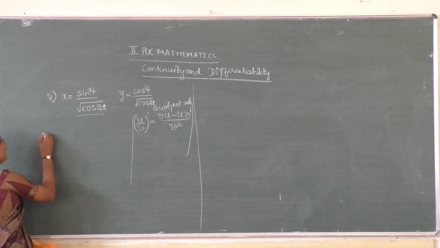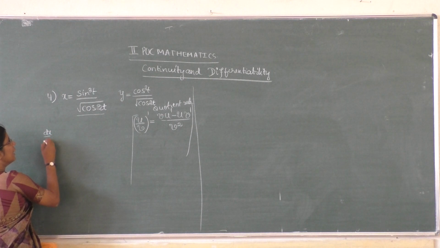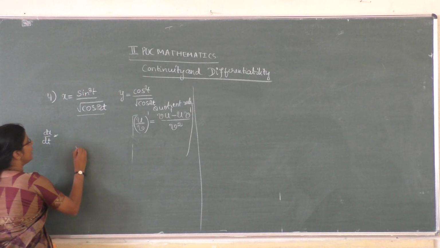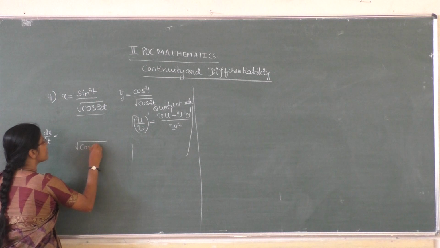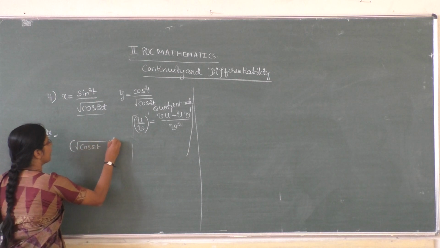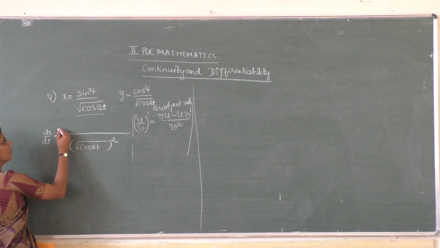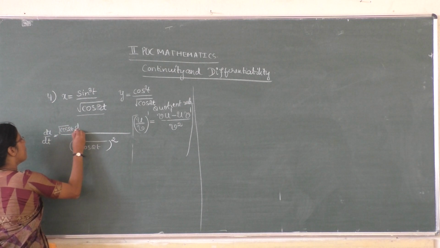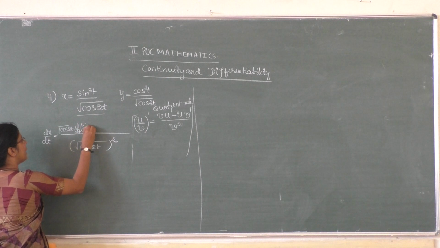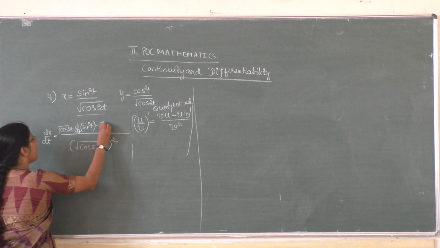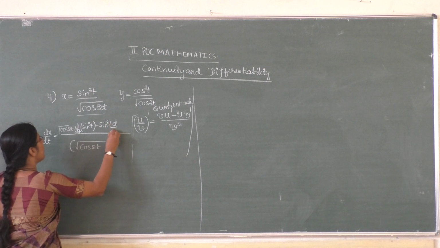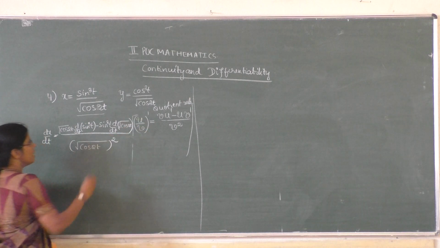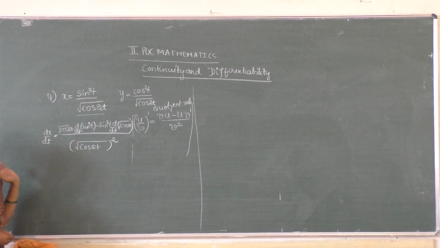So now dx by dt, that is equal to, we get here in the denominator root of cos 2t whole square, in the numerator root cos 2t as it is, then d by dt of sine cube t, minus sine cube t as it is, d by dt of root of cos 2t. Okay, so applying quotient rule we get this.